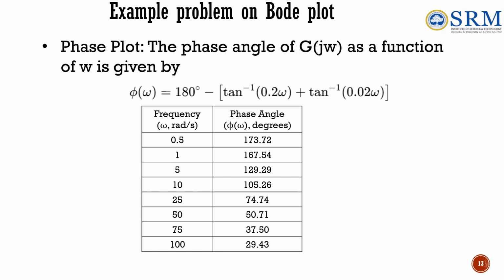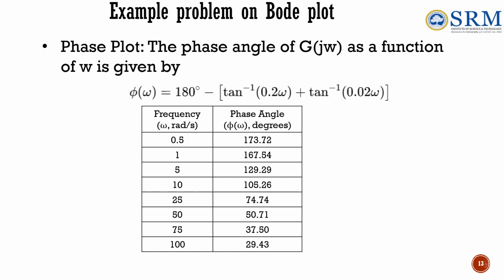From this equation, by substituting different ω values, we can get the different phase angle values as shown in the table. We have taken ω as 0.5, 1, 5, 10, 25, 50, 75 and 100, and we have calculated the corresponding phase values.